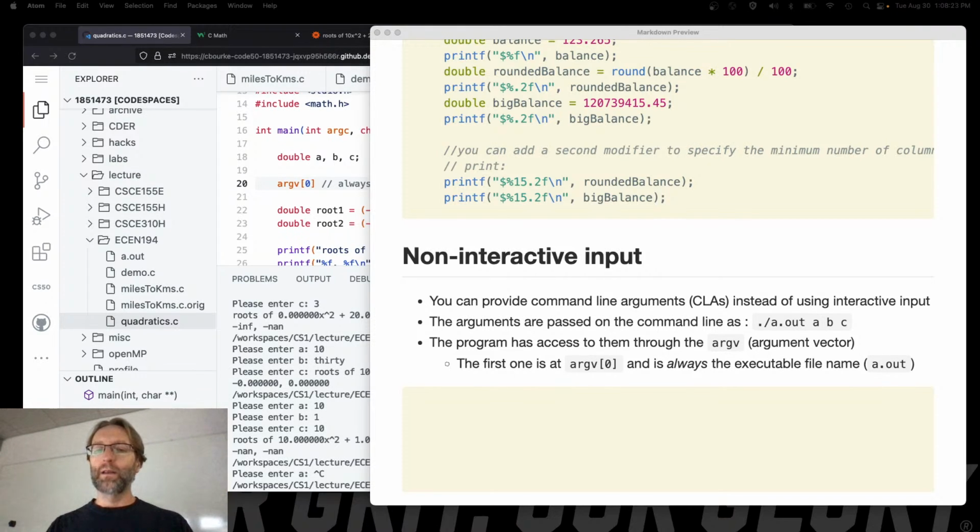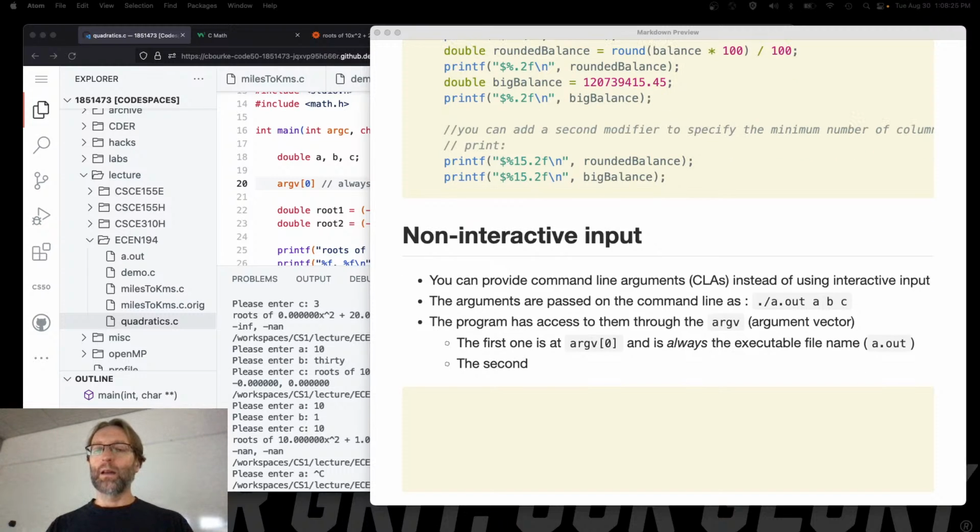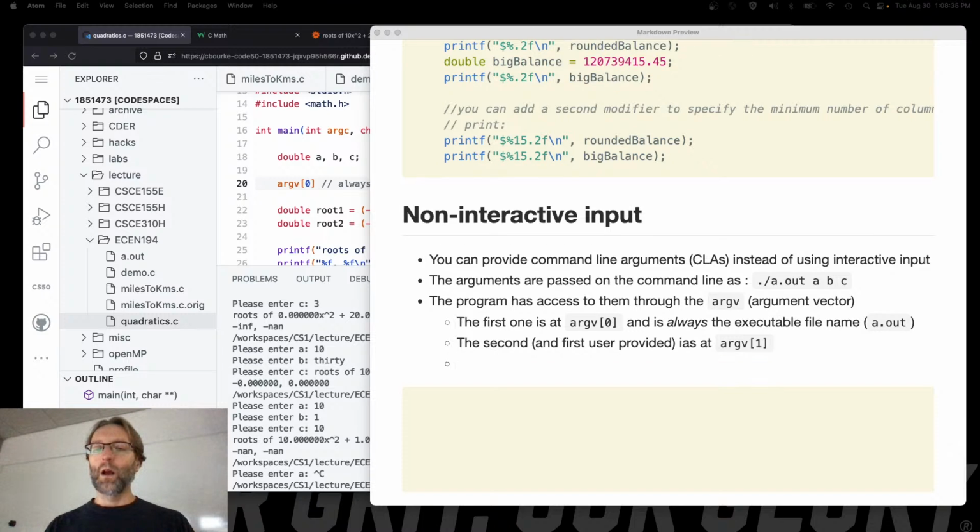The second, and first user provided, is at argv sub 1. Well, you go up from there. The third is at argv sub 2.